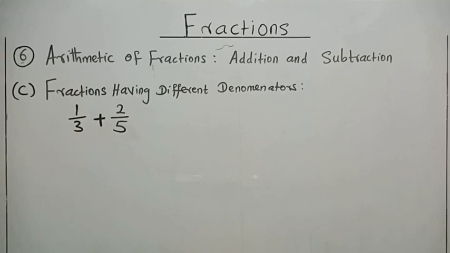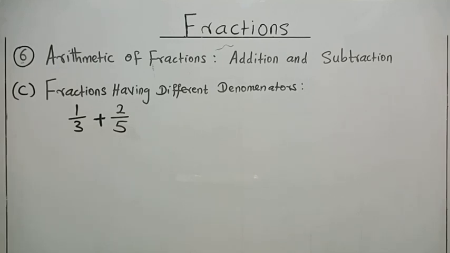Now, let us go back to fractions having different denominators. Recall that this fraction has been a foregoing fraction, 1 over 3, and this has also been a foregoing fraction, 2 over 5. And this case is a foregoing case. At this point, the time has come for us to find an answer to 1 over 3 plus 2 over 5.